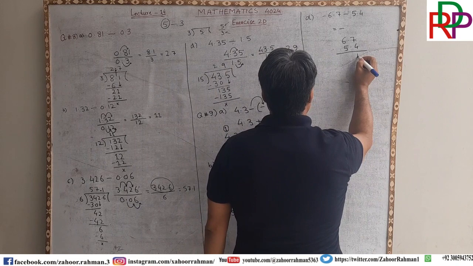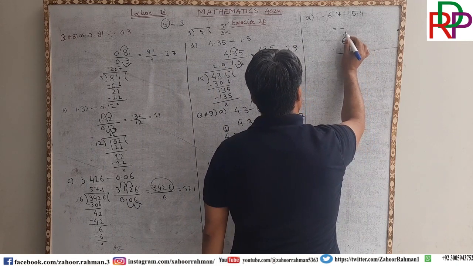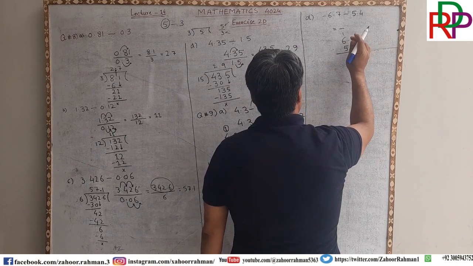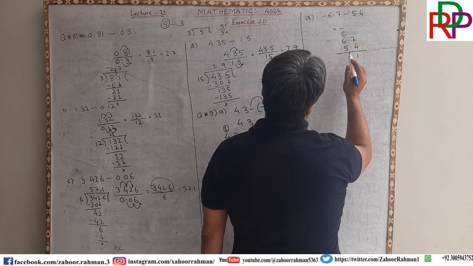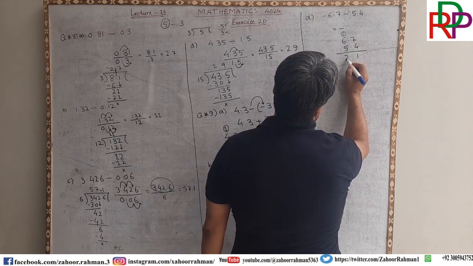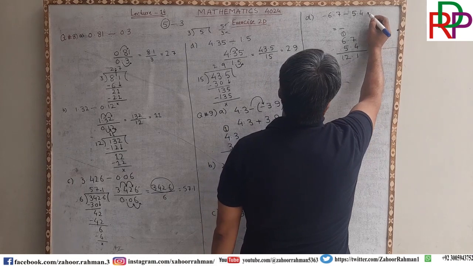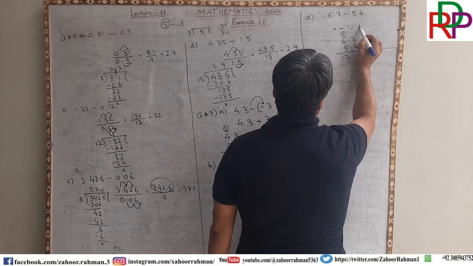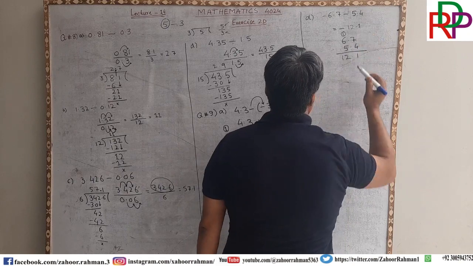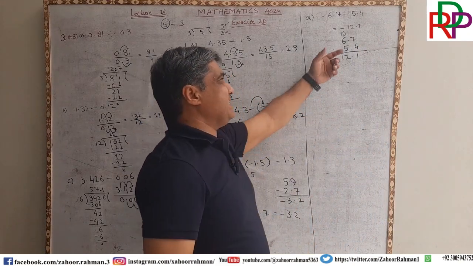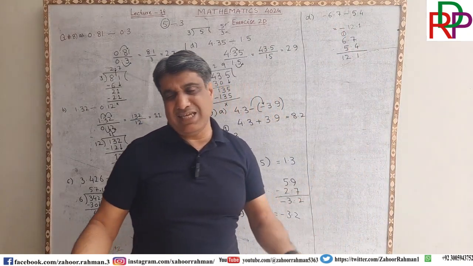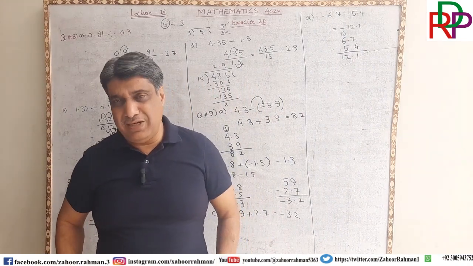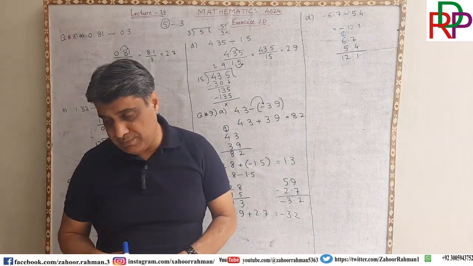So this one is 1, and when 1 is carried, it means that 12, and that will be equal to minus 12.1. This will be the answer. In case of both negatives and in case of both positive, you have to add those numbers.